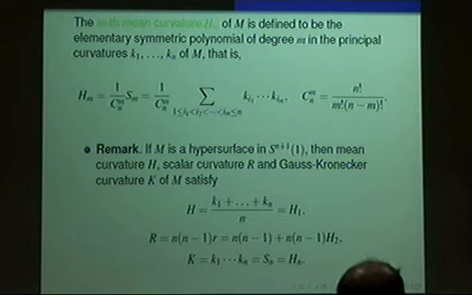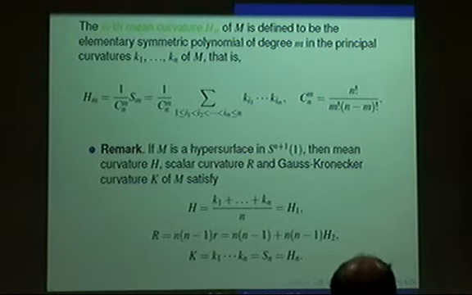This is equal to H_n. So this is the definition of the higher order mean curvature H_m. Professor Cheng also proved some theorems about the m-th mean curvature H_m. For Euclidean space, if the mean curvature H is constant and the m-th mean curvature is constant, then he proved that M is a hypersphere.